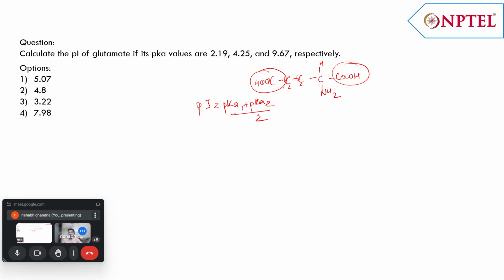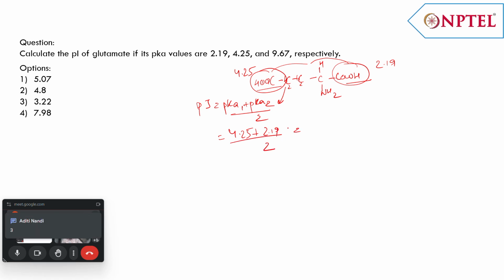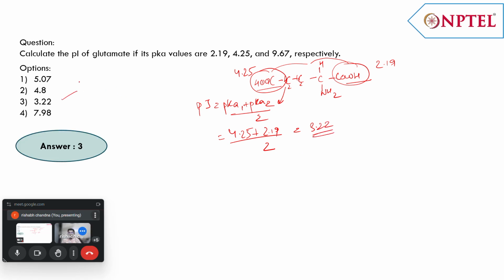So in that scenario, we'll choose the pK values that are nearer to each other. The COOH groups would have a similar range. For example, this would be 2.19 and this would be 4.25. We'll take these two values because these are nearer, to calculate the pI. So it would be 4.25 plus 2.19 divided by 2. So this would come around 3.22.